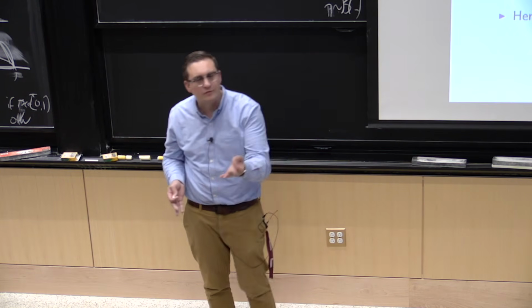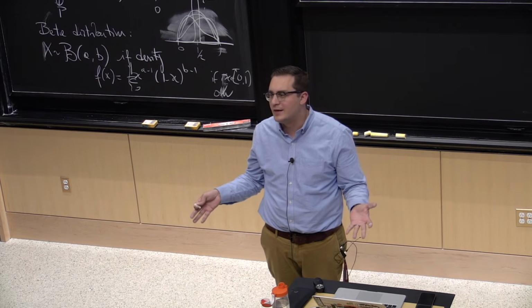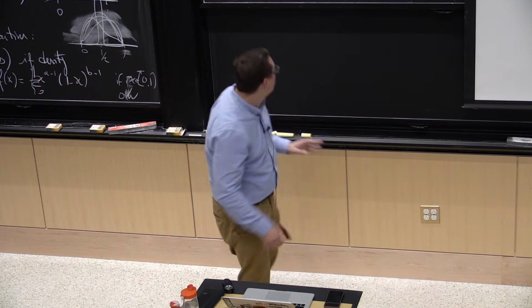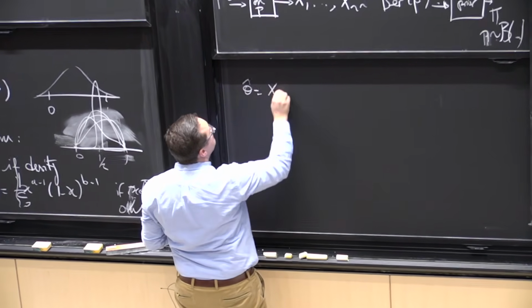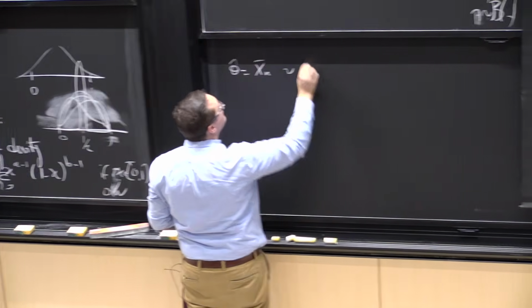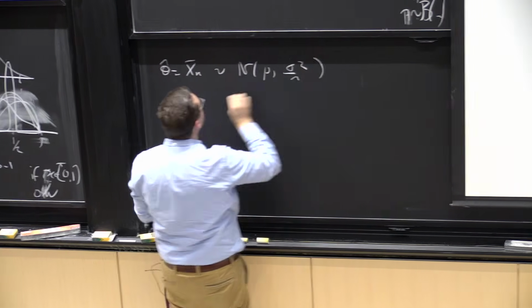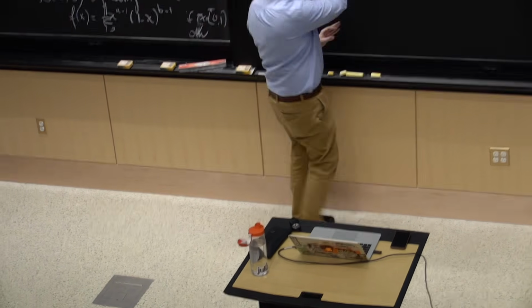And it's not just a point, it's not just an average. It's actually an entire distribution for the possible values of theta. And it's not the same thing as saying, well, if theta hat is equal to xn bar, in the Gaussian case, I know that this is some mean mu, and then maybe it has variance sigma square over n. That's not what I mean. This is my posterior distribution.